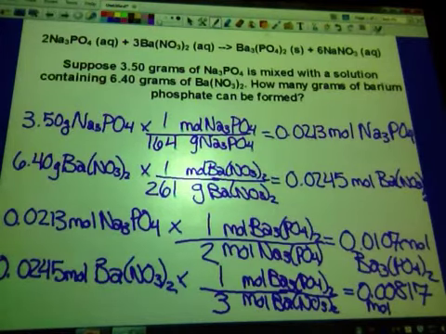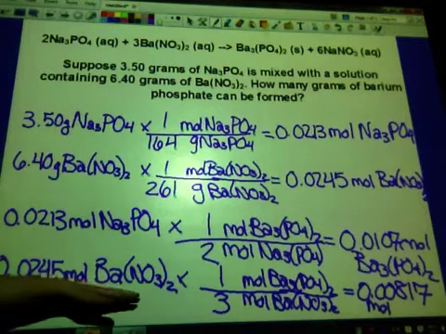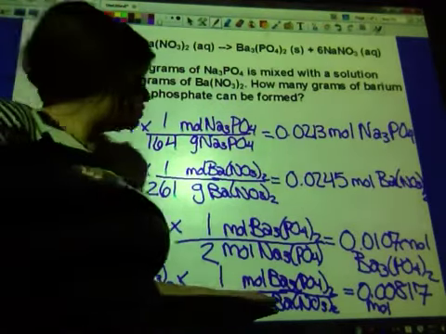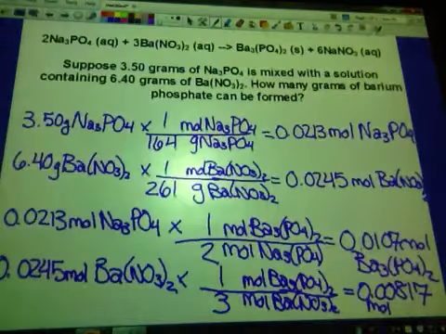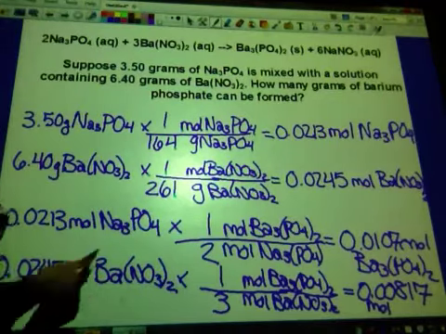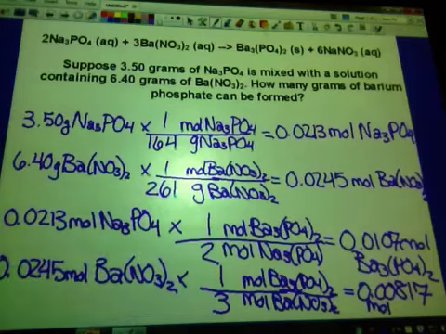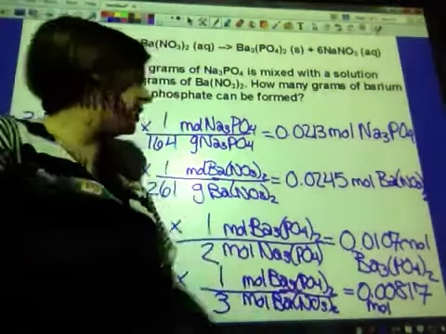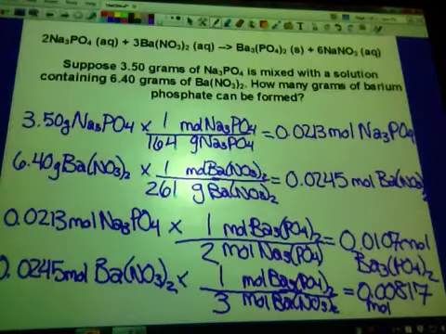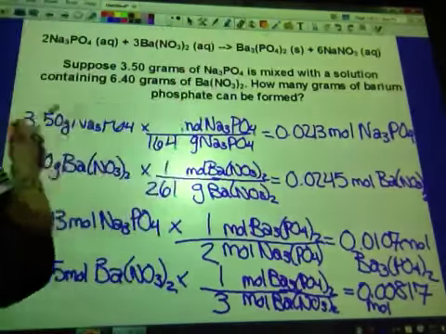Okay, so now that we found our limiting reactant, we can find how many grams of this are going to be produced. So we just went from moles of barium nitrate to moles of barium phosphate based on using my limiting reactant here. So I'm going to take this number, 0.00817, and I'm going to erase everything up here.